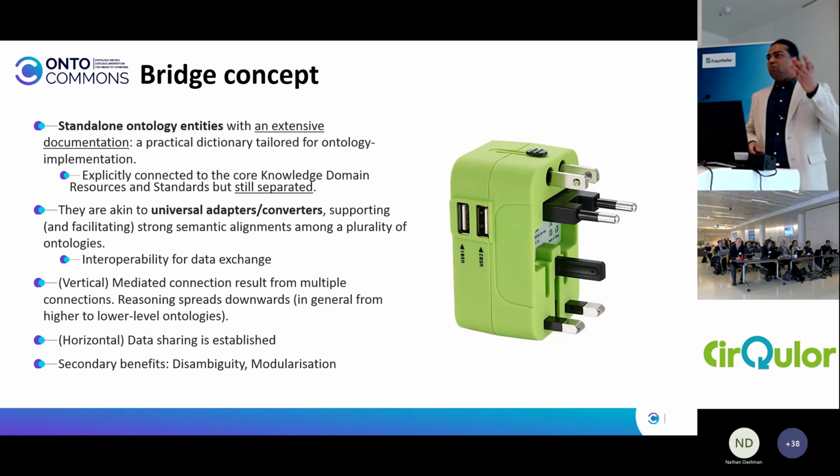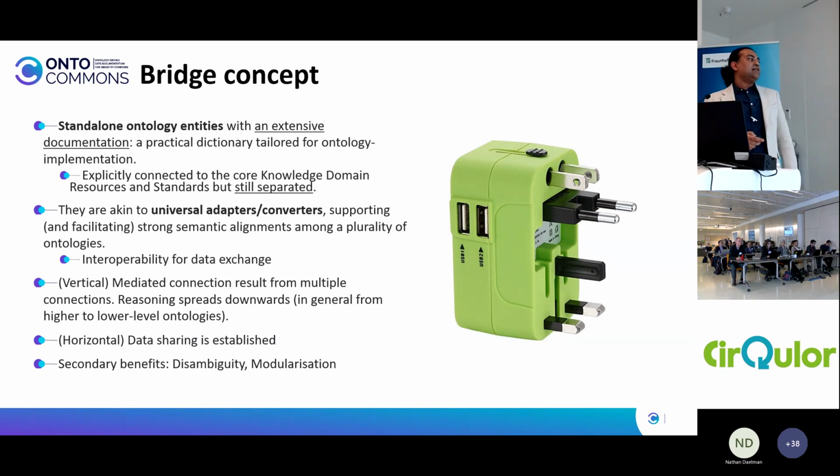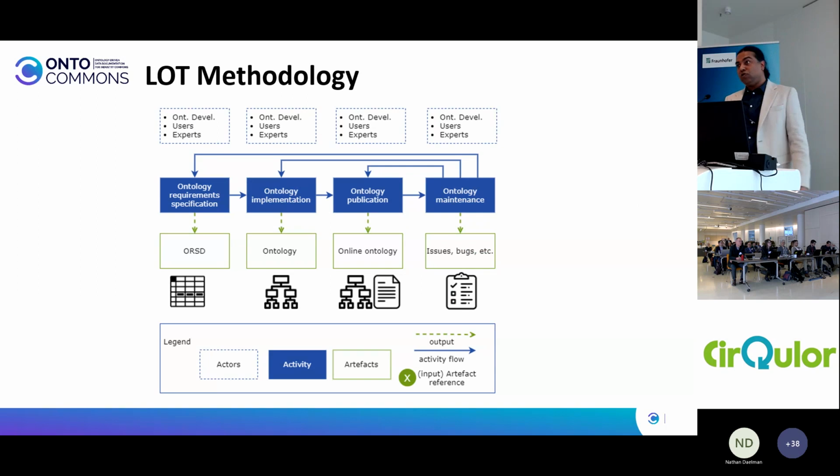And for more on the use and benefit of it, I hope I will get some opportunity on day 3 where I can show a real demo where I will use this bridge concept to map two concepts from two different ontologies together. And then you can see how it can help in sharing data from two different ontologies, and also if you do something wrong, it can actually bring those errors to light.